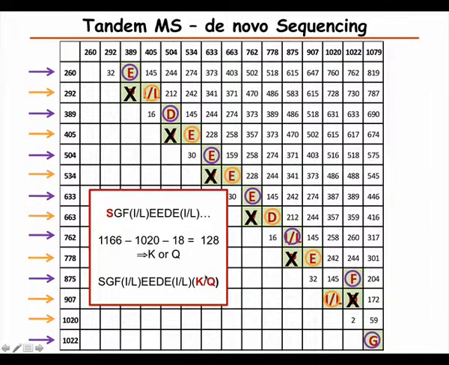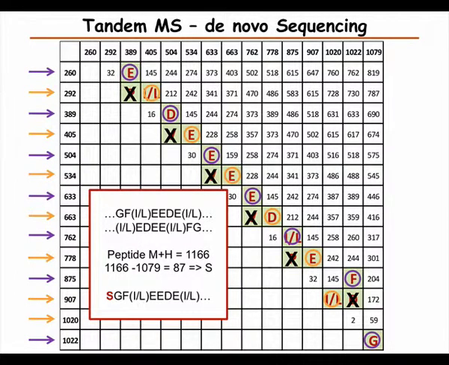But in this case, because we don't have very high accuracy, because we had the difference between this last ion, the 1079, and the full M plus H of the peptide was exactly 87.